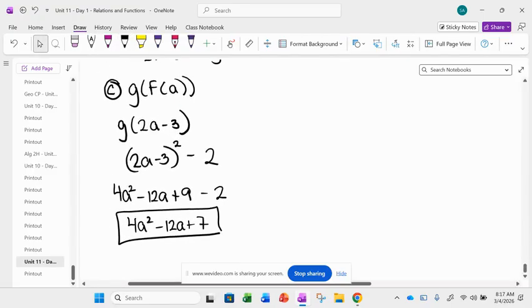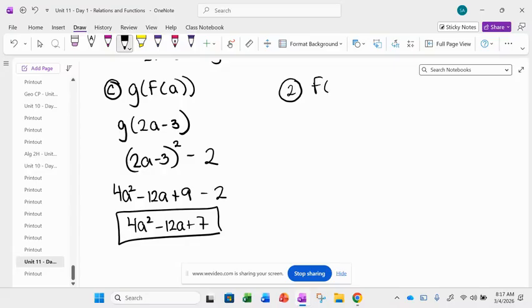Okay. All right, last one for today. So if f of x is equal to 2x plus 1, I want us to evaluate f of f of f of 2.